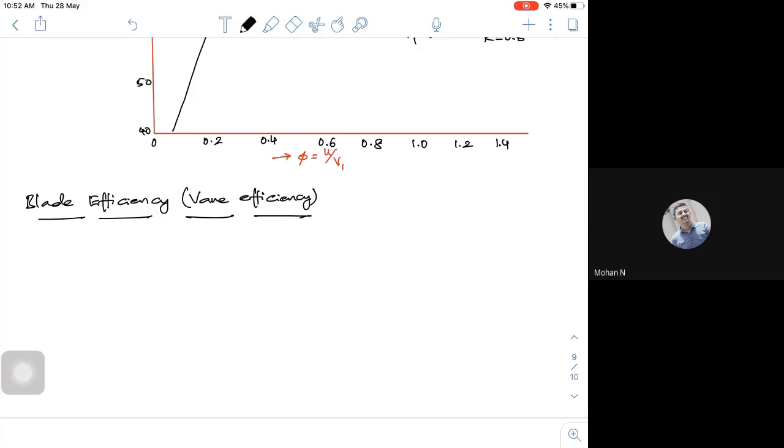What is it actually? It is a ratio of work done per kg to energy input per second, or what is the energy supplied per second per kg, whatever it may be.